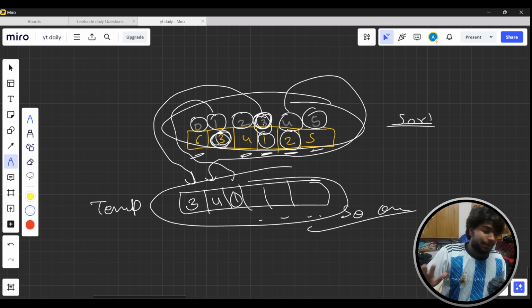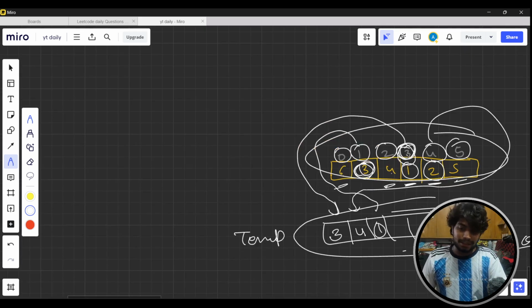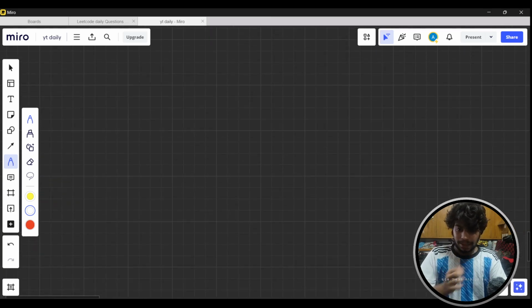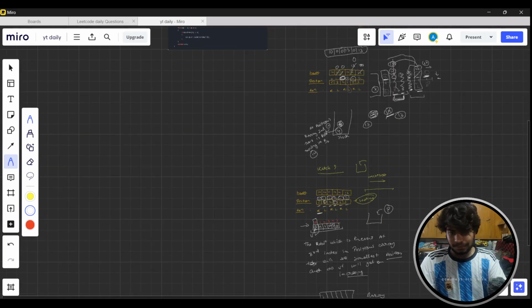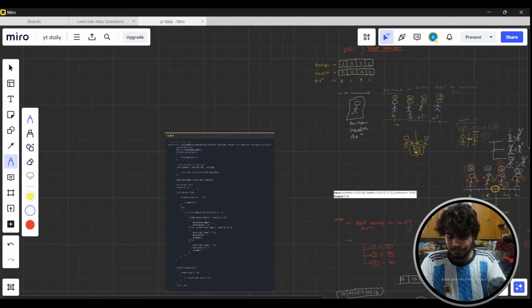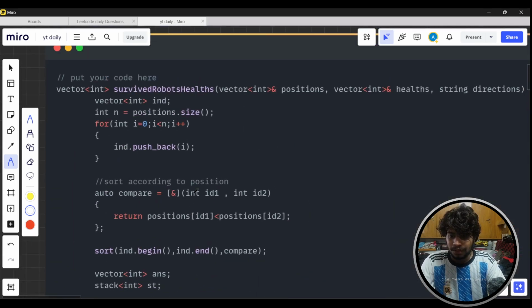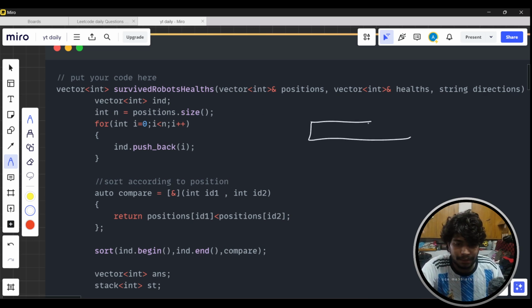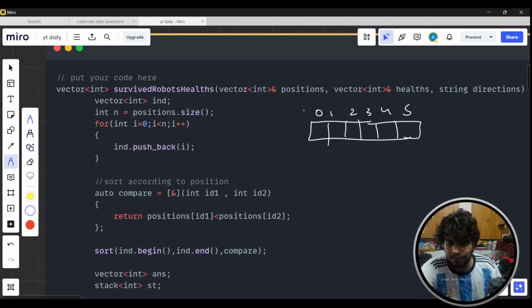So let's understand the code, and if there is any question, let me know in the comments. What I am doing here is creating an array of the same size, 0, 1, 2, 3, 4, 5, pushing the 0 to n numbers.